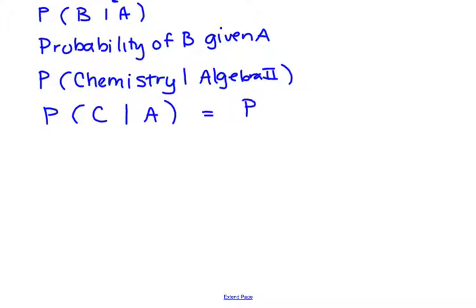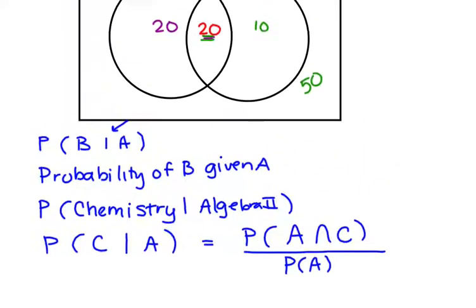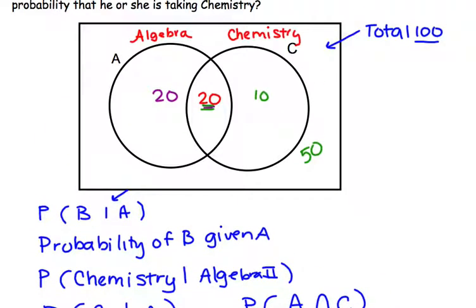The notation is as such, so we're going to go ahead and say the intersection of algebra and chemistry, the probability of that, over the probability of Algebra 2. So now let's find those out. So I'm going to head back up. For a student to be in both Algebra 2 and chemistry is 20 out of our total.